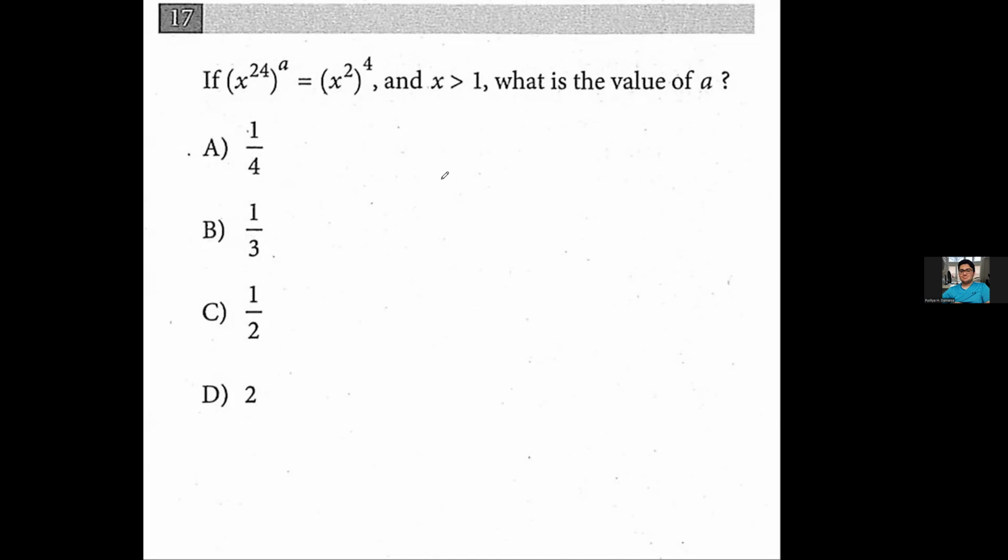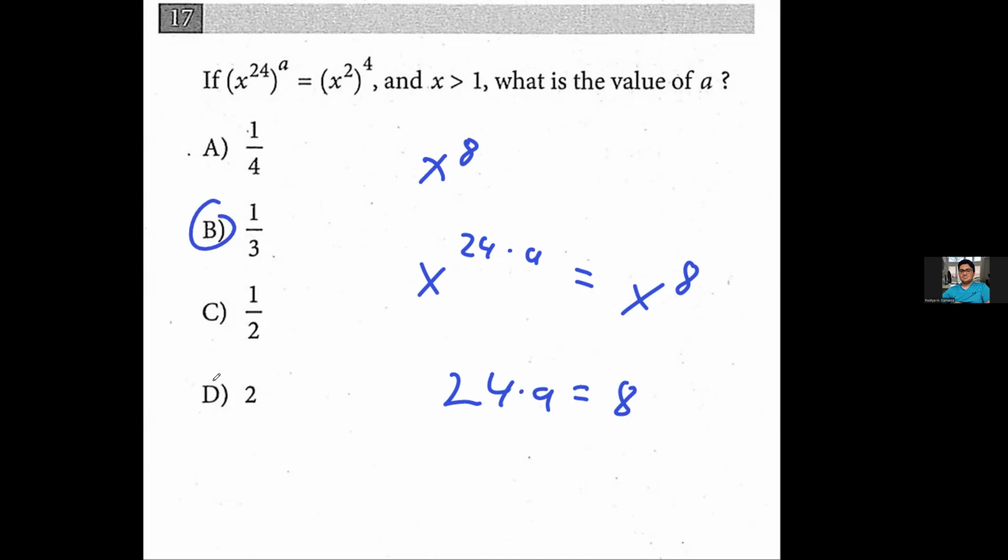Well, when you have x squared to the power of fourth, that's the same thing as x to the power of eighth, because you take 4 times 2. So in this case, x to the 24 times a has to equal x to the eighth. So 24 times a has to equal 8. So a has to be equal to 1/3. So the correct answer is choice B.